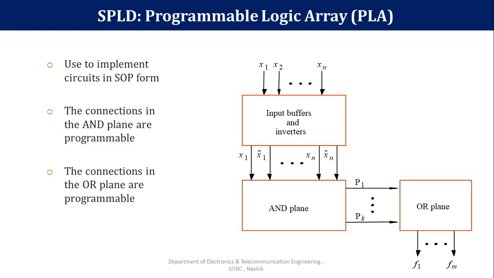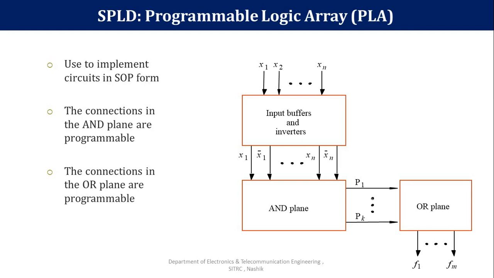Programmable logic arrays are used to implement circuits in the SOP form, that is sum of product form. Hence, to implement the circuit in sum of product form, it mainly consists of three different blocks. First, input buffers and inverters; second, the AND plane; and third, the OR plane.